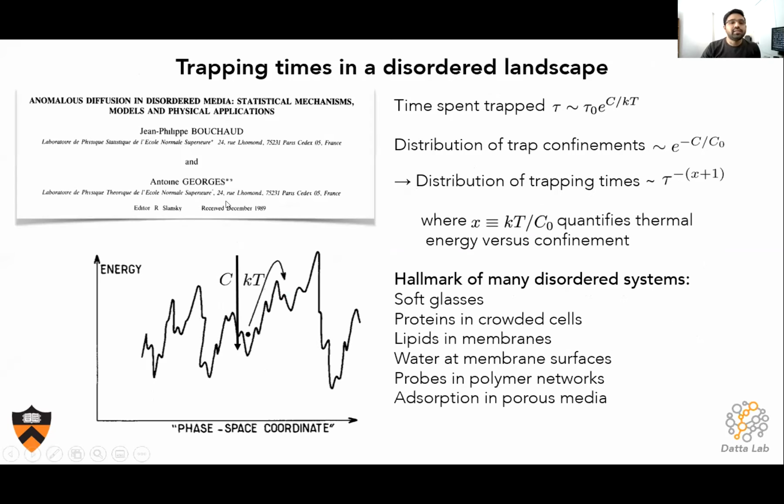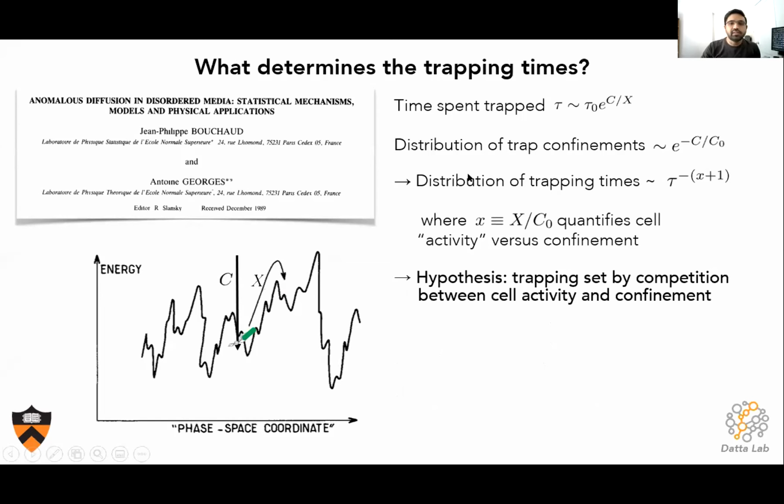We also draw an analogy from Bouchaud's model of a thermally agitated particle moving through an exponentially distributed trap space. Since our pore sizes are also exponentially distributed, we think we can use this model to explain the cellular motion through exponentially distributed trap confinements, where X is the competition between the confinement and cellular activity.